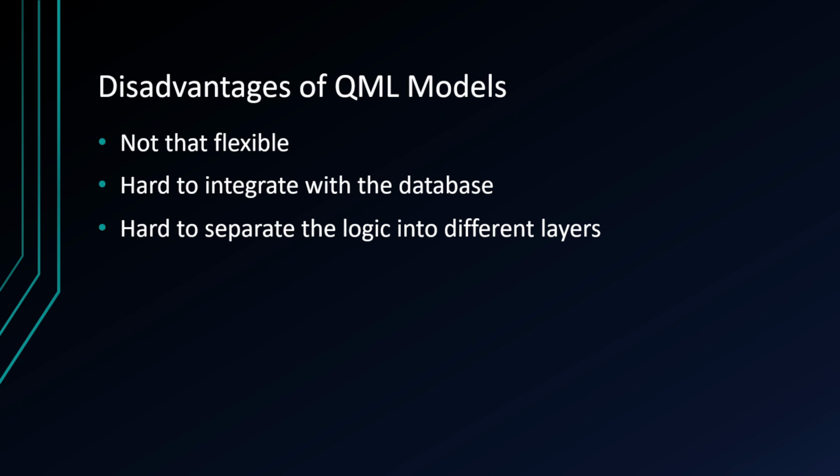Now I will show you how to create a model in C++. Firstly, we will make only the displaying part, so QML can just get data from it and display it in views, and then we will implement create, update, and delete functionality.